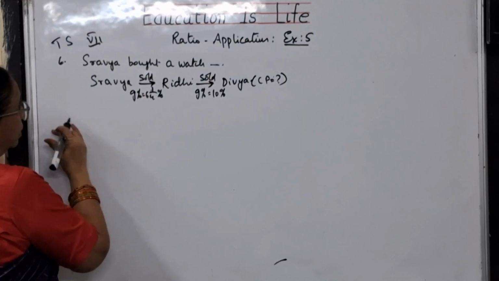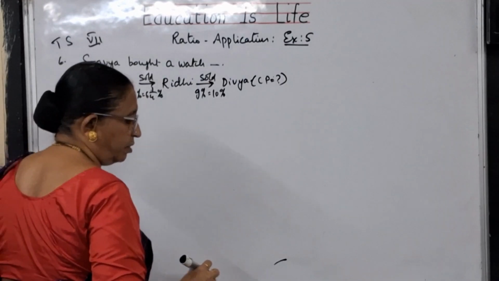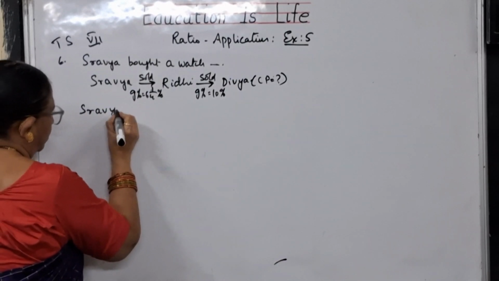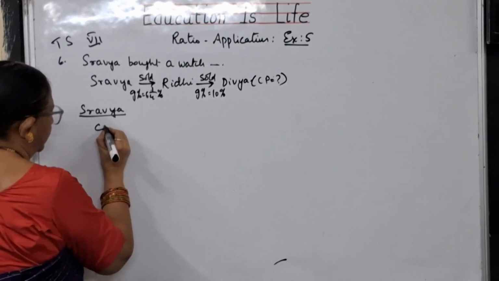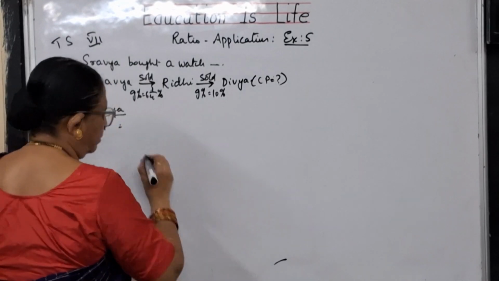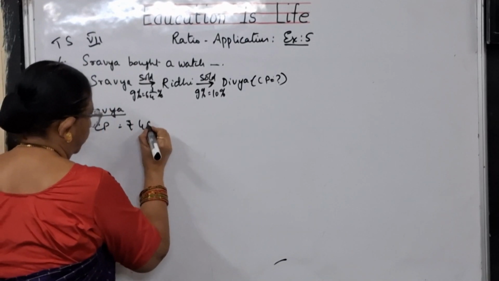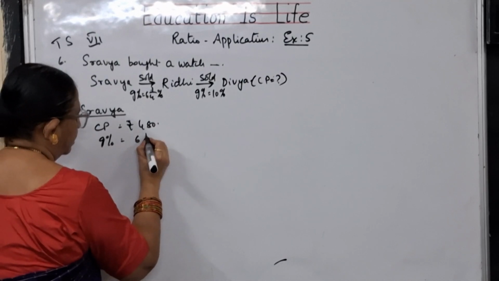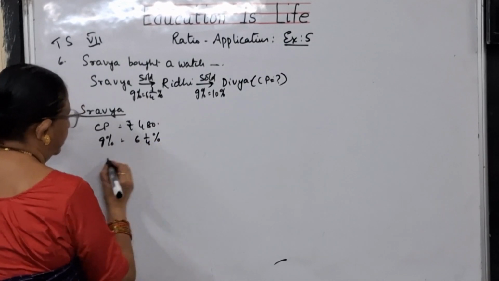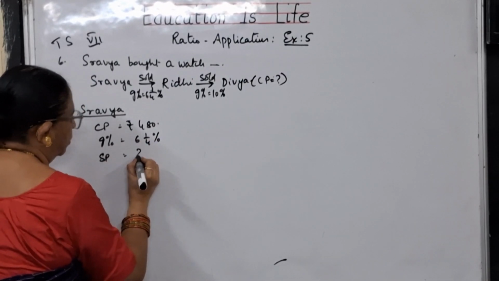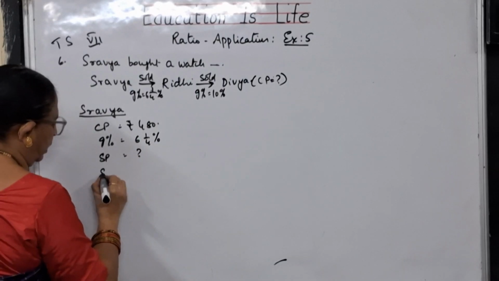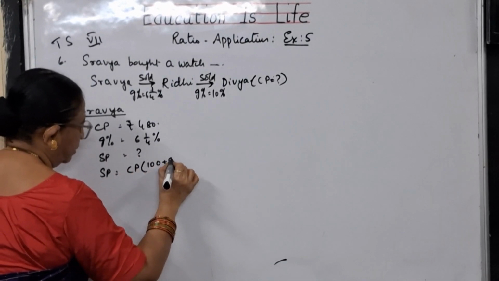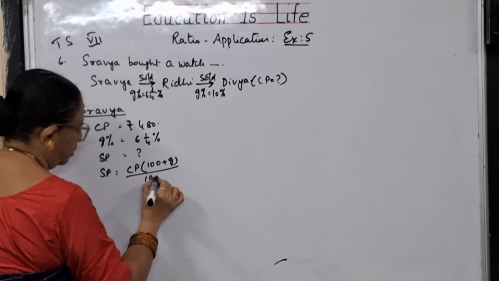So let me talk about the first one. I'm talking about Shravya. For her the cost price is rupees 480. Gain percent is 6 1/4%. So what is the selling price? You have to find out. Selling price is equal to cost price into 100 plus gain by 100.